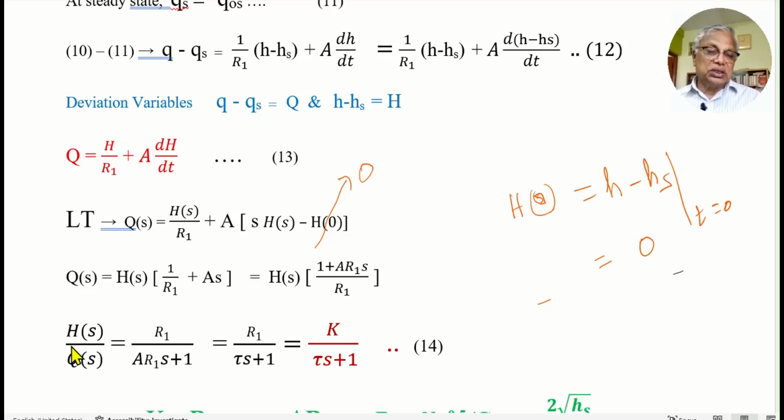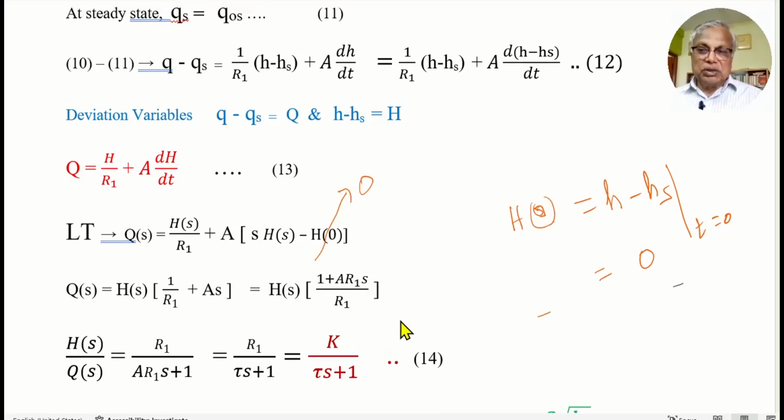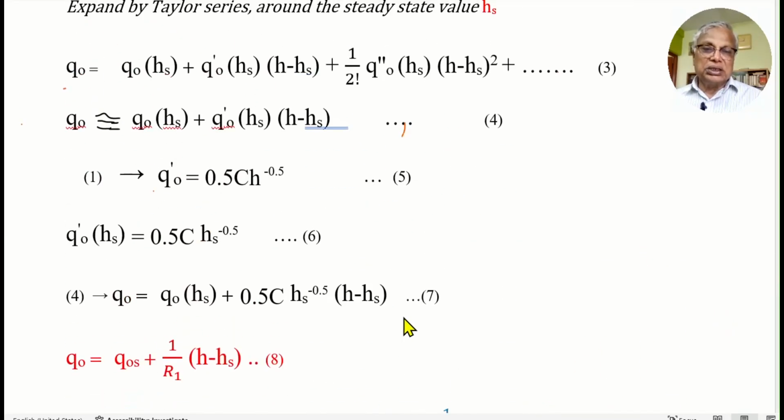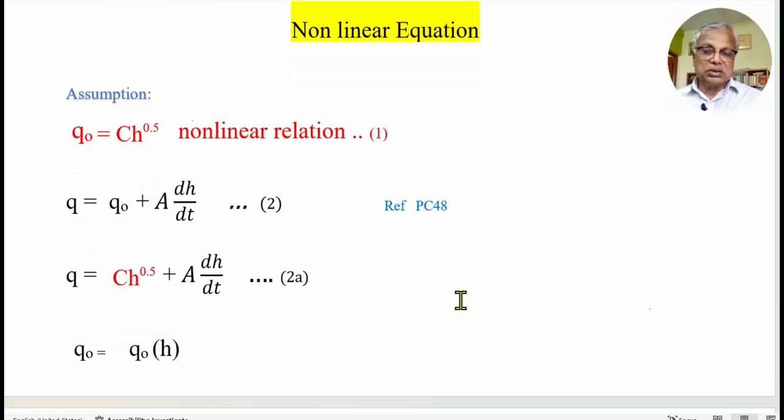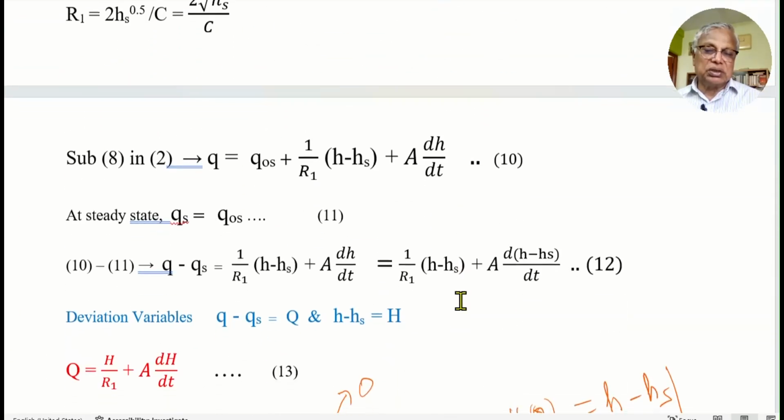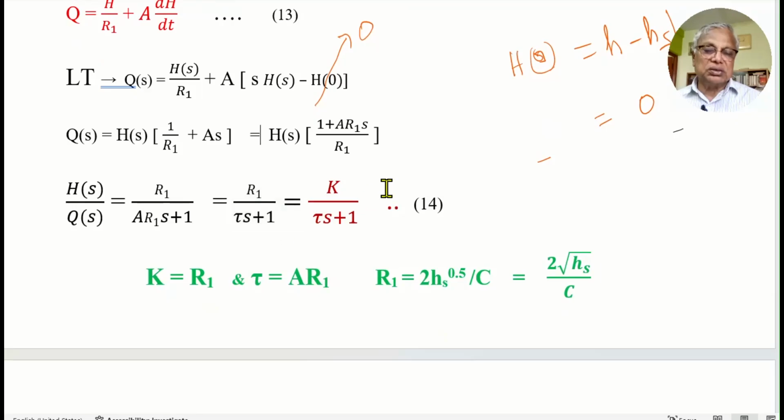So the transfer function relating height and the inlet flow rate is the first order transfer function K by tau s plus 1, which we got by making the nonlinear relation into a linear relation. If I had retained the nonlinear form as such, it would not have been possible to get this first order transfer function.